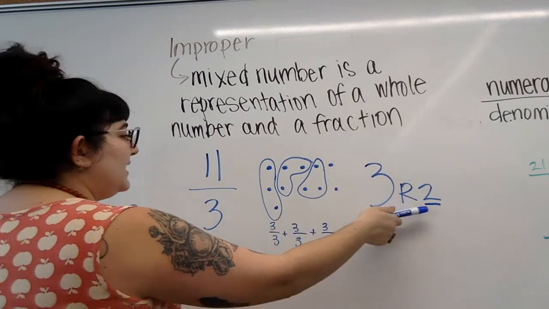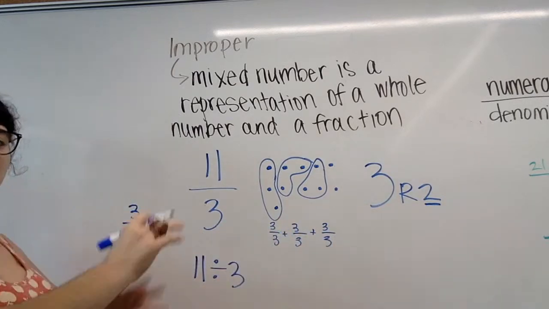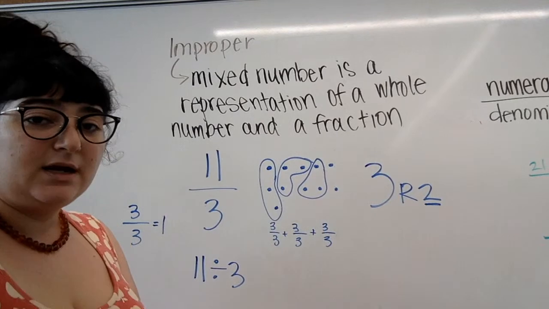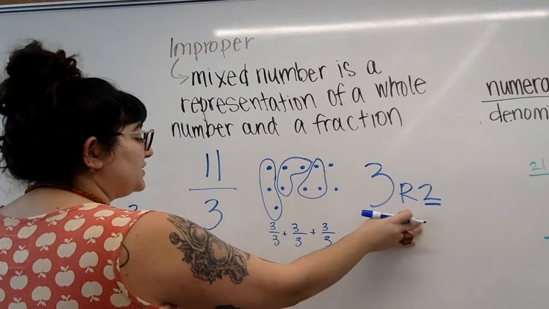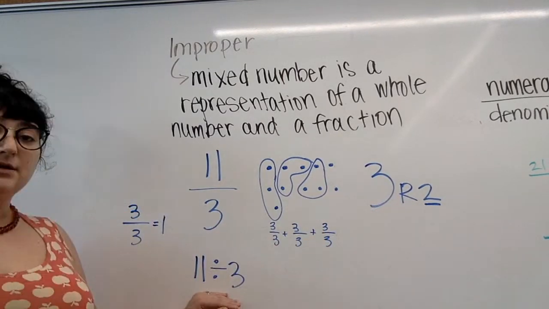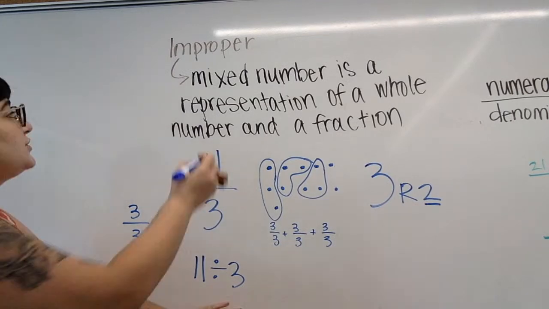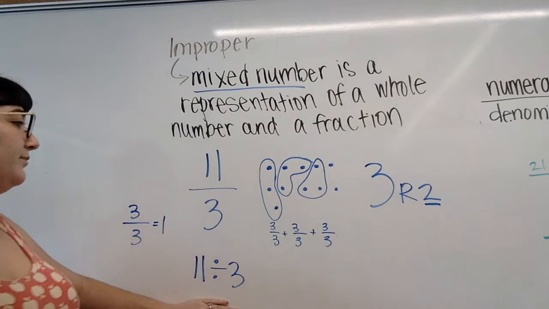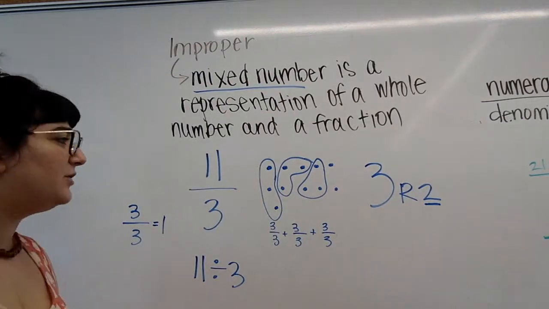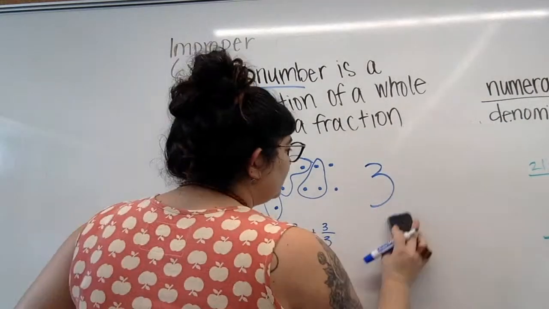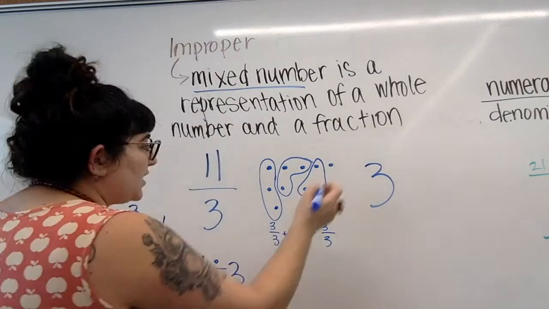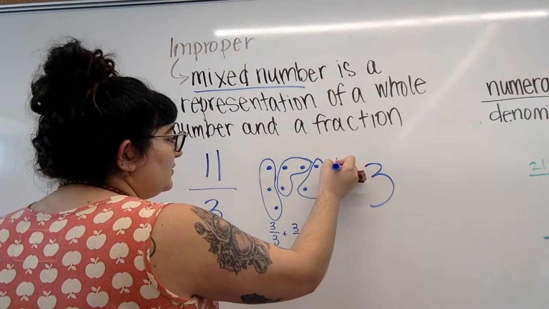But we're not done. Because this is how we would represent it if we were just doing a plain old division equation. But we're trying to turn this into a mixed number. So it's not going to be 3 remainder 2, because these are 2/3, right?